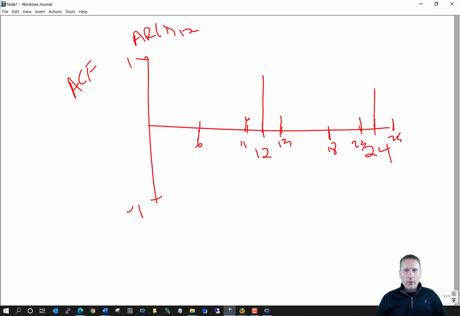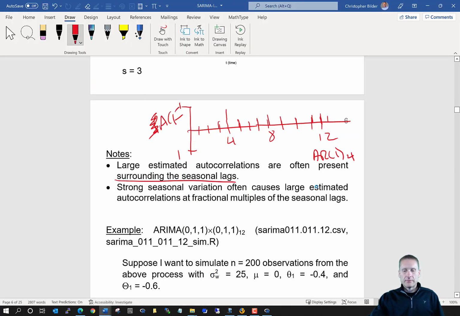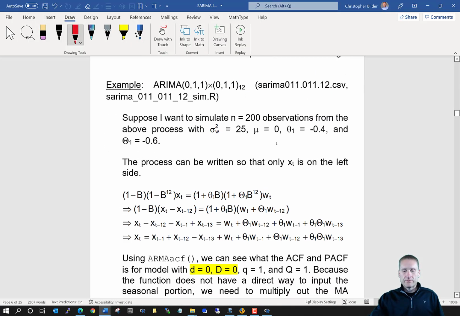As we will examine very shortly, we can use a particular function in R to see what the true autocorrelation function and the true partial autocorrelation function will look like. And you can see some of these properties that I'm trying to describe here.